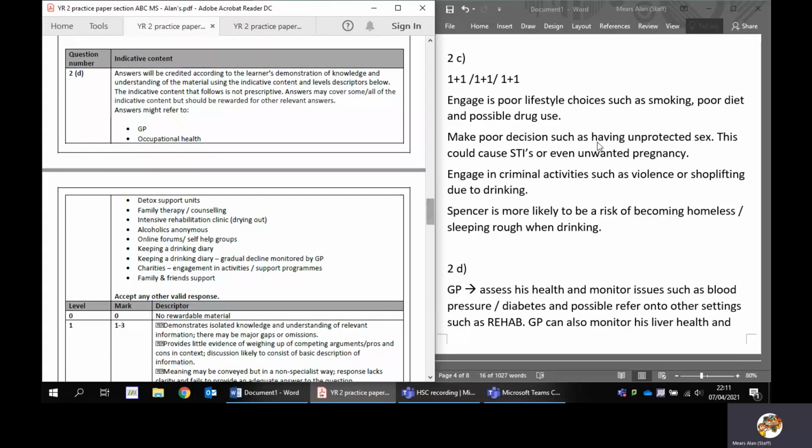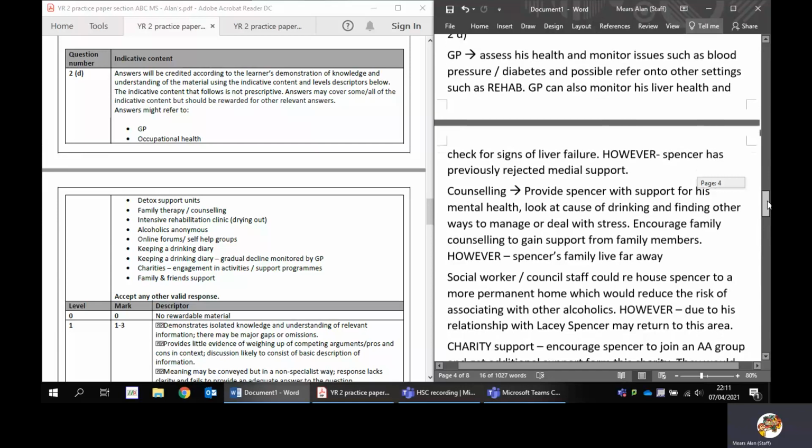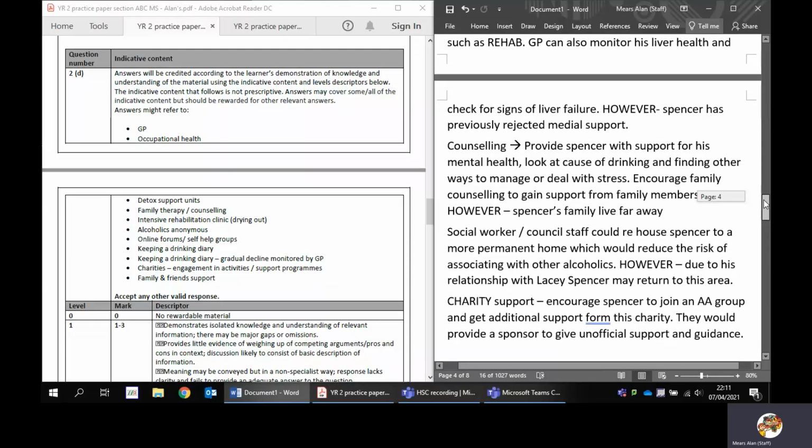And last but not least, 2D. So this was looking at who would support him, who would provide support. We've talked about this. We've got our GP. We said what they would do, and we've balanced it out with howevers at each point. Some of the other suggested support: occupational health, that you would receive through employment. So the fact he could still be employed, we could look at occupational health.